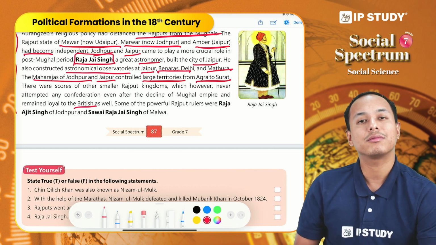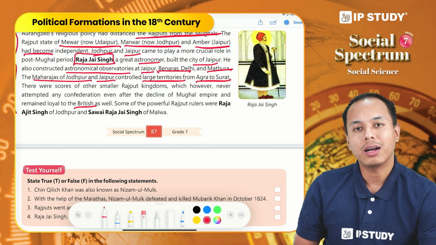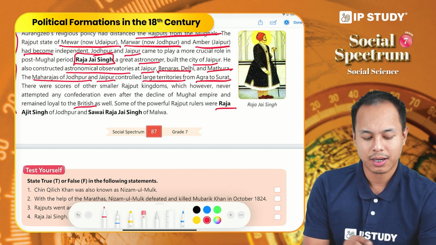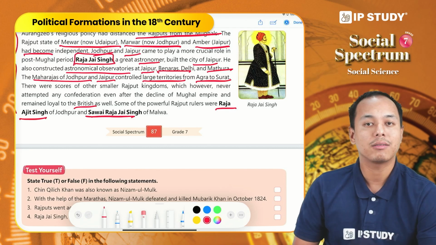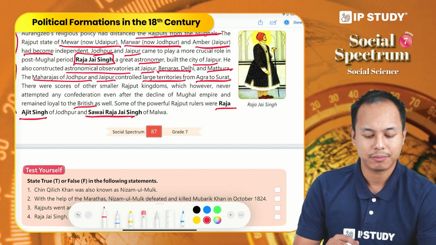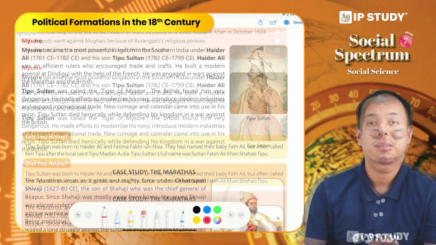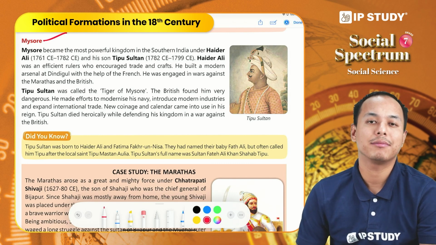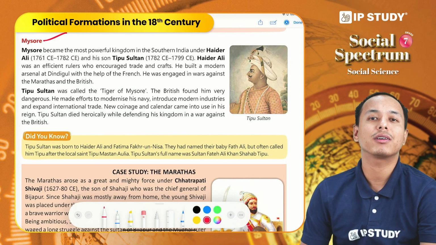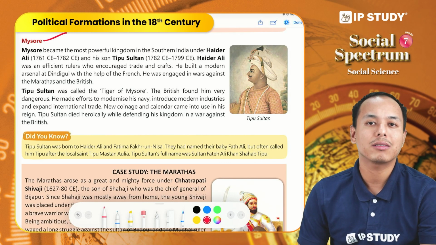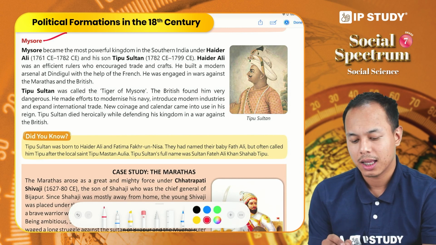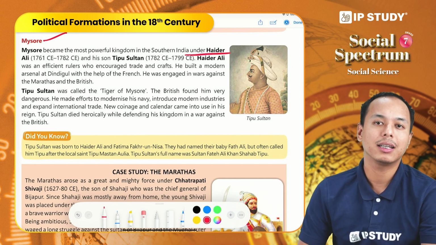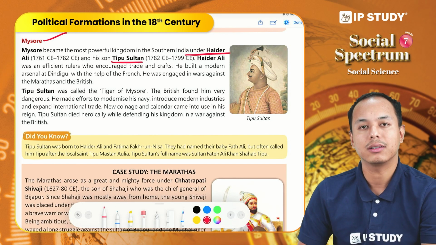And if you look at some of the important and powerful Rajput rulers, we find Raja Ajit Singh and Sawai Raja Jai Singh. Now, the next independent or autonomous kingdom is Mysore. Mysore became one of the most powerful kingdoms in southern India under the ruler Hyder Ali and his son Tipu Sultan.